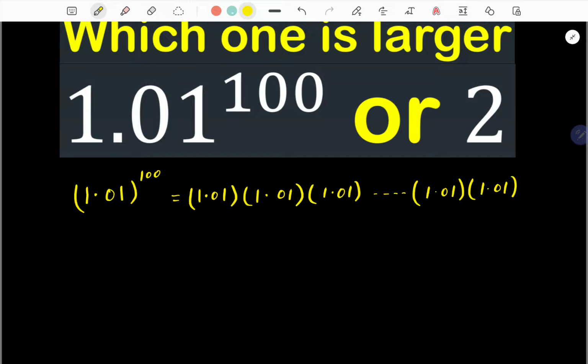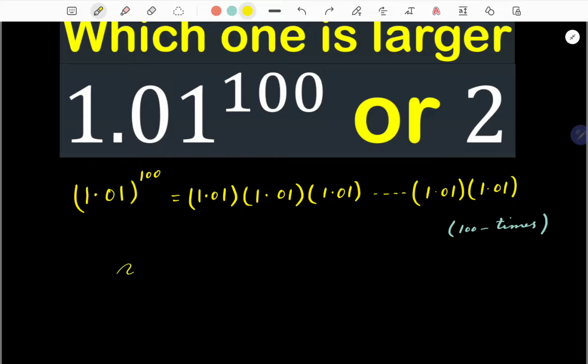I have written this up to 100 times. 100 factors are multiplied.